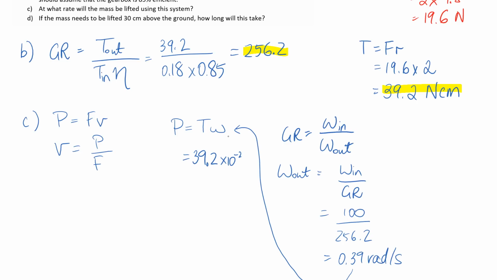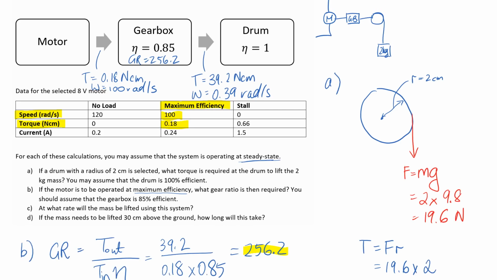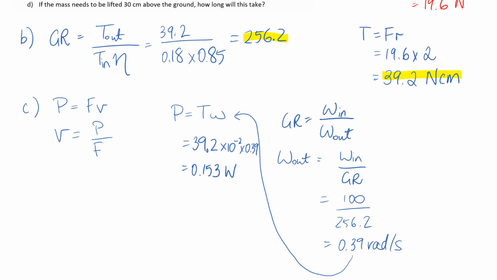And then I need to multiply by the 0.39, which is already in base. So overall, if you pop that into a calculator, you end up finding that you have 0.153 watts available to you at the very end of this system. It would have started much higher back here, but over time we drop and drop due to the inefficiencies or losses within the system.